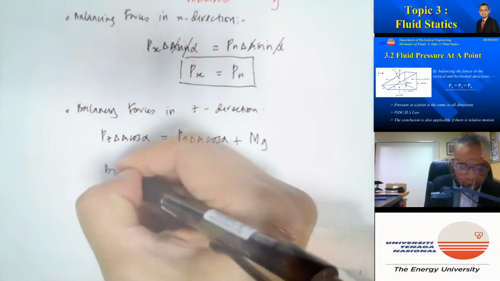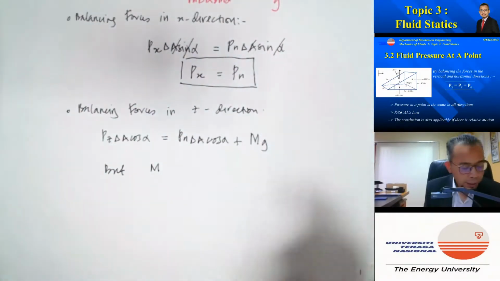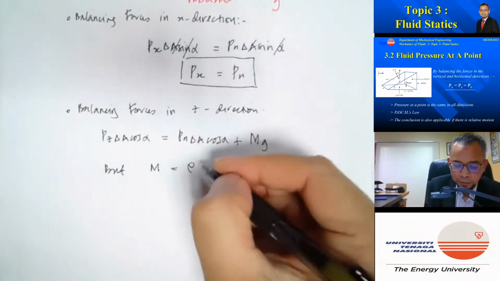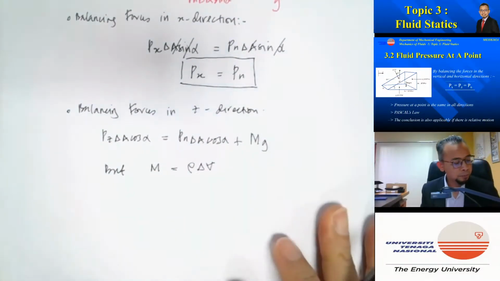But what is m equal to? m is equal to rho multiplied by the volume.